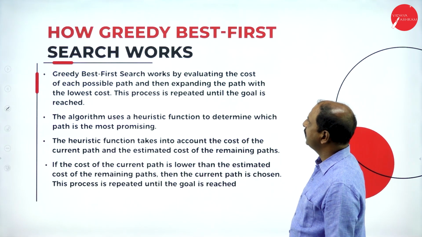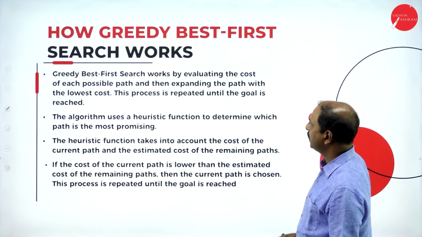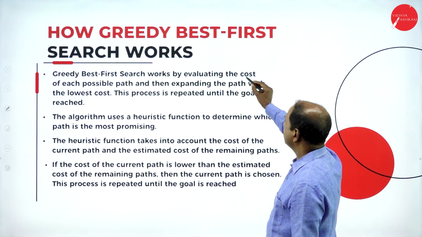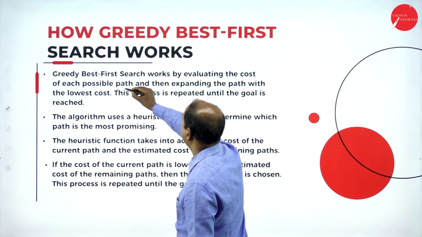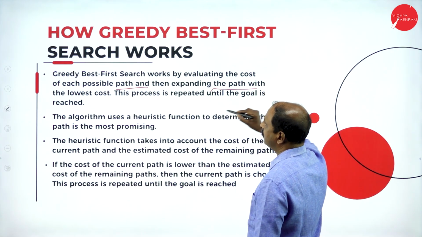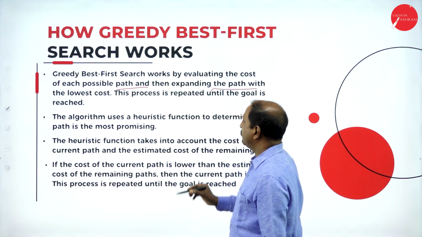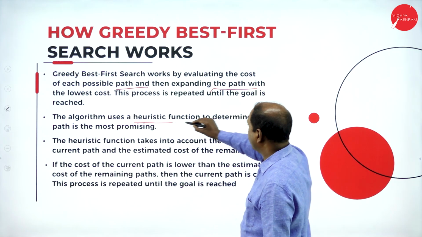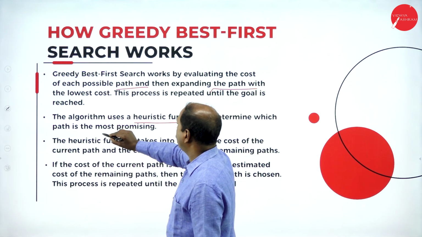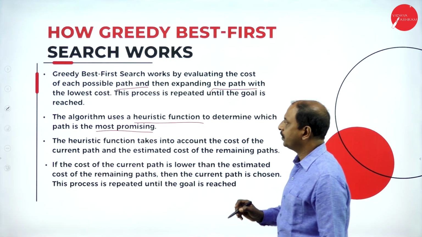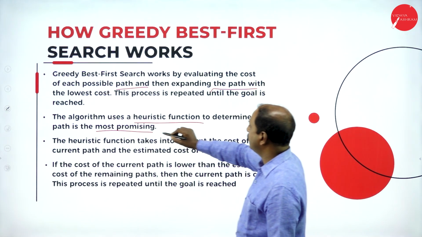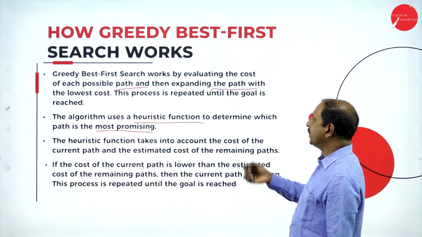Now let us see how it is going to work. It evaluates the cost of the possible paths and expands the path with the lowest cost. It uses the heuristic function to determine the most promising path. So here it also includes the heuristic function. What is it?